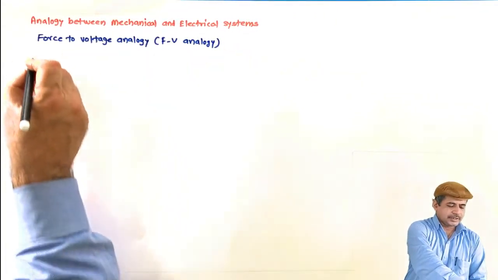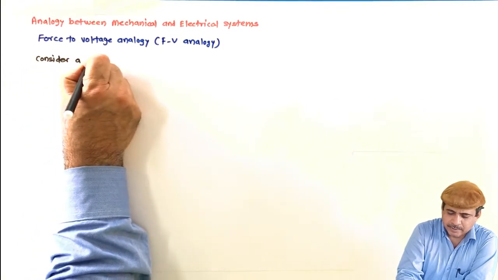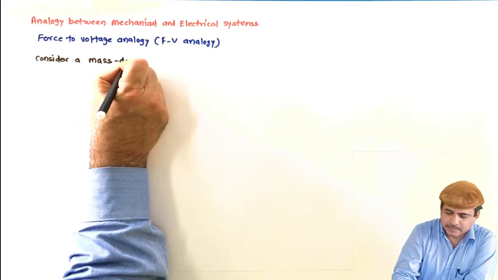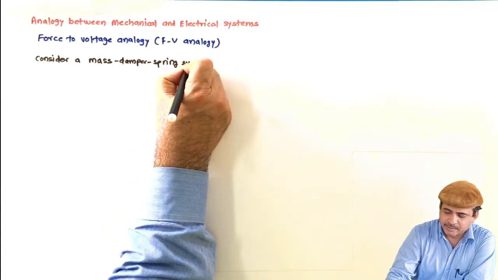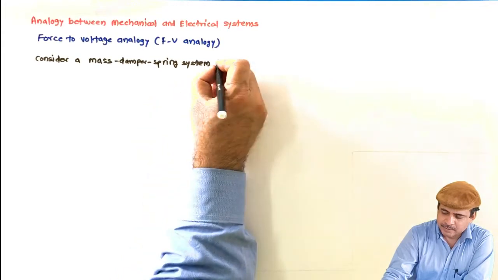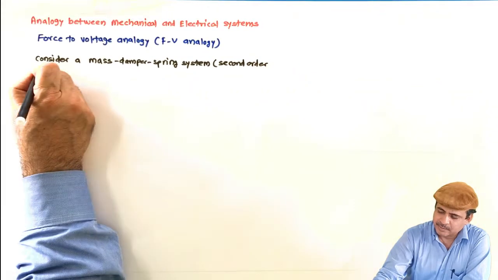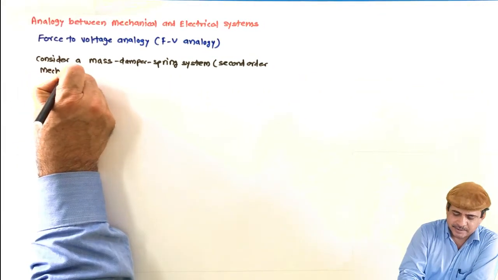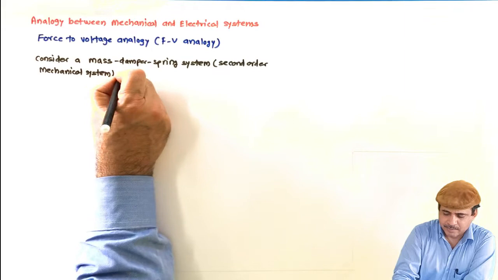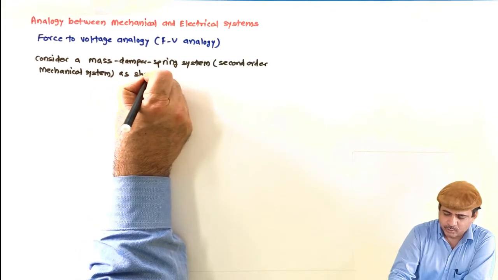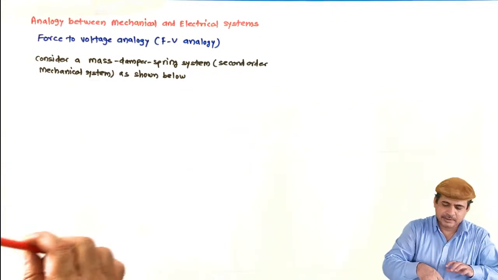In this case, let us consider a mass, damper, spring system. That is nothing but what I will call a second order mechanical system, as shown below.